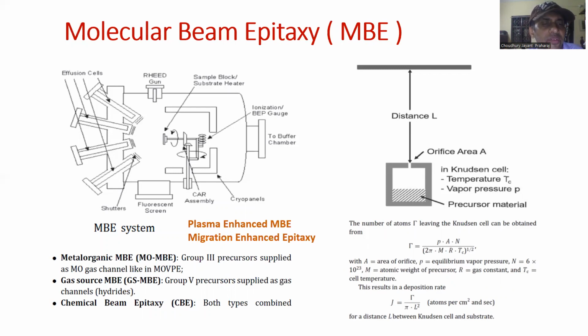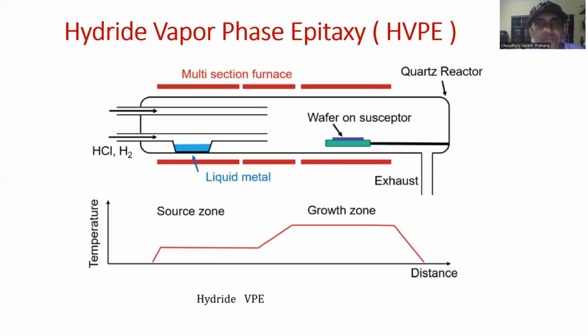And so we have a high vacuum, ultra high vacuum environment in which these atoms come and then deposit and form these epilayers on top of the substrate. And then we again want to optimize things like dislocation density, doping profile density, polarization grading in these materials in order to obtain good solar cell characteristics.